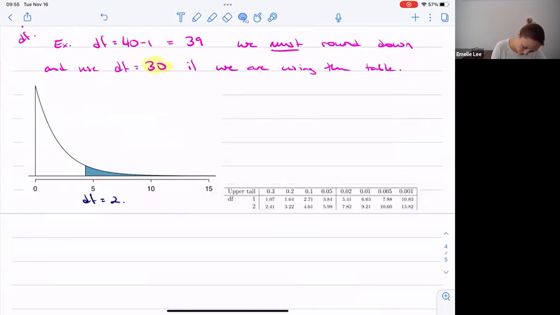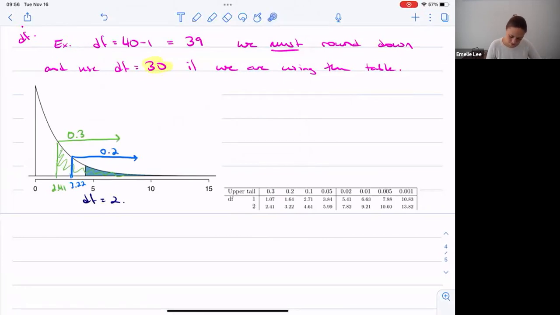With 2 degrees of freedom at 2.41, the area in the tail is 0.30, or they don't have the trailing 0, but that's okay. So 0.3, and then at 3.22, the area in the tail is smaller, makes sense. 0.2.